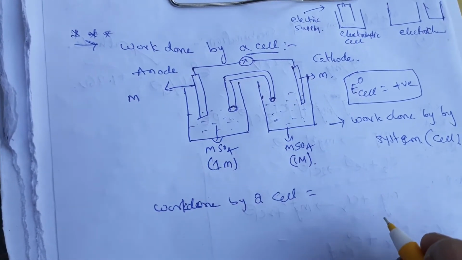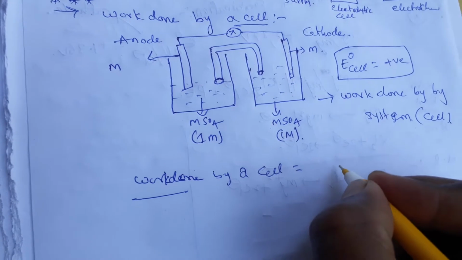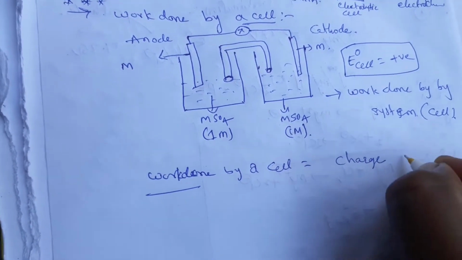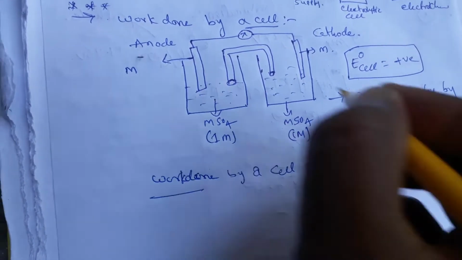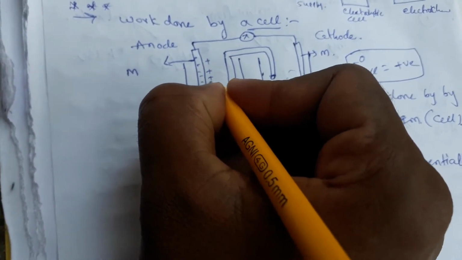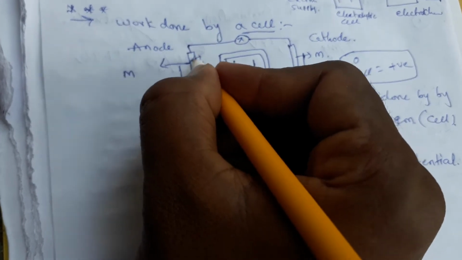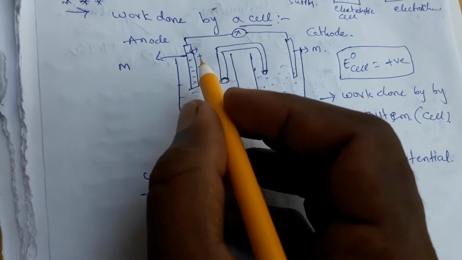So work done by the system or cell is equal to some charge into potential. There is a potential difference between this electrode, which has the minus sign, and this, which has the positive sign. There is a charge separation, and this generates some potential here, which we call the electrode potential.